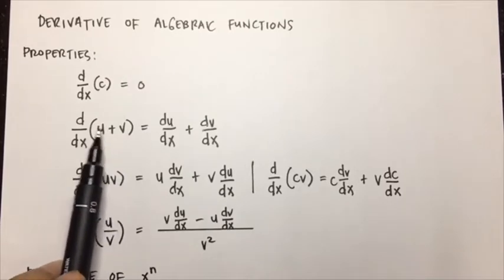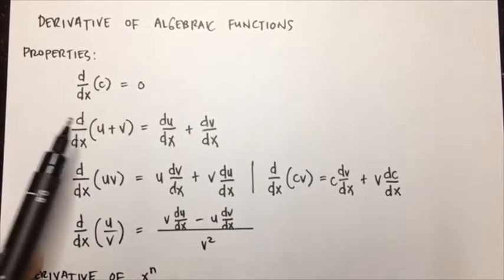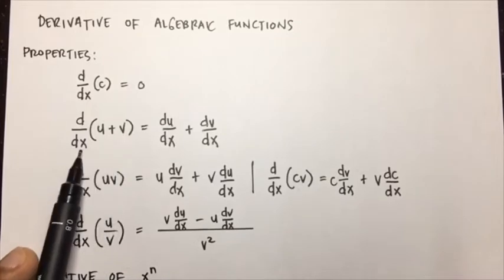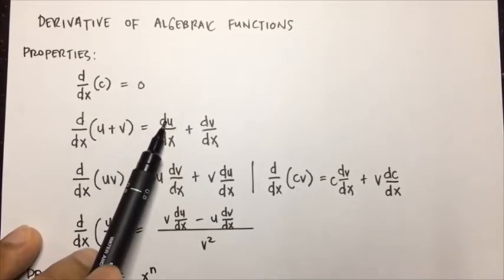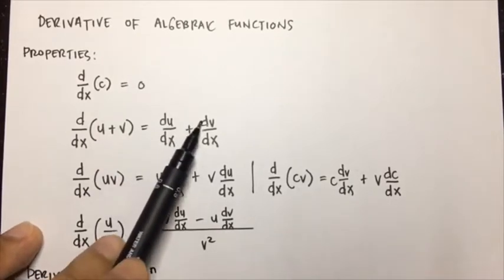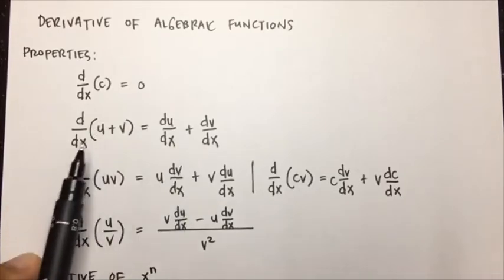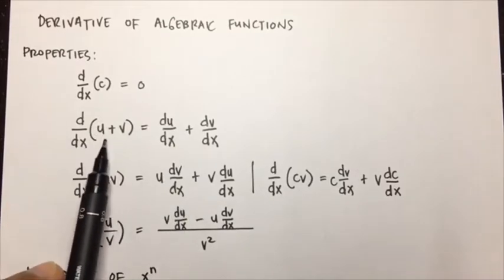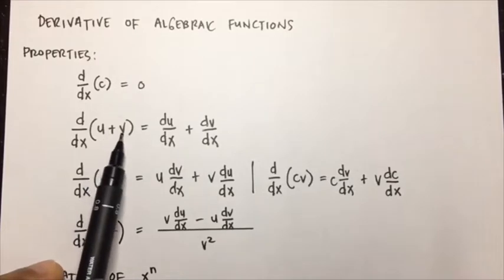Another property is called the derivative of a sum. If we have the derivative of u plus v with respect to x, it is equal to du over dx plus dv over dx. So what does this mean? We can see that we have two terms here.